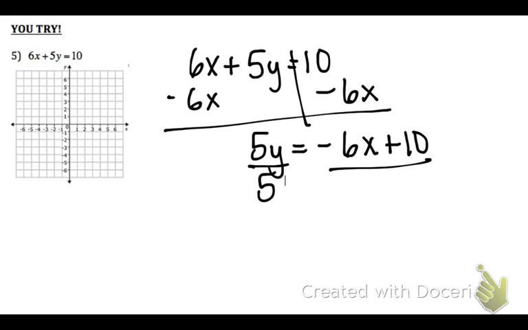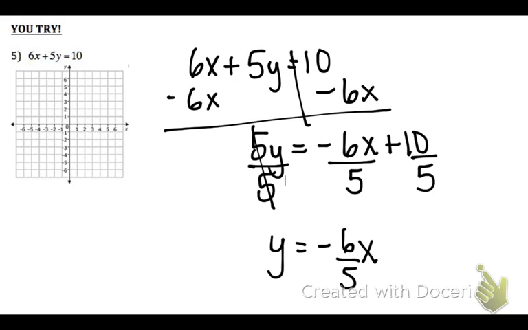I think in the past I wrote it like this for you guys. So y equals negative 6/5 x plus 2, which means you are at the plus 2. It's kind of hard to do on this really small graph for me. You went down 6 and over 5. So this is your graph.